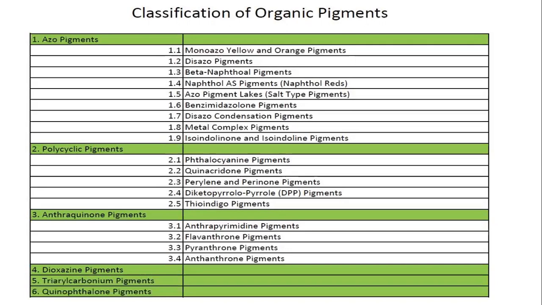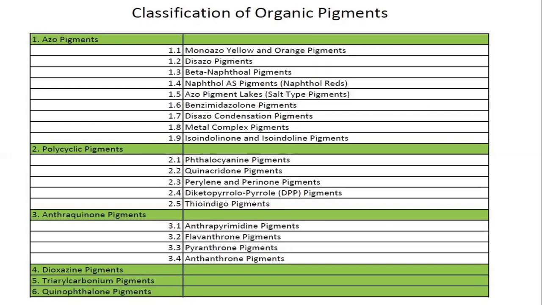Monoazo yellow and orange pigments are used in printing ink, and are also solvent resistant. Usually we use this color for wax crayon, watercolor, and pen ink. Disazo pigments for light yellow and pink exhibit weak light and weather fastness, and are used especially in industrial finishes.